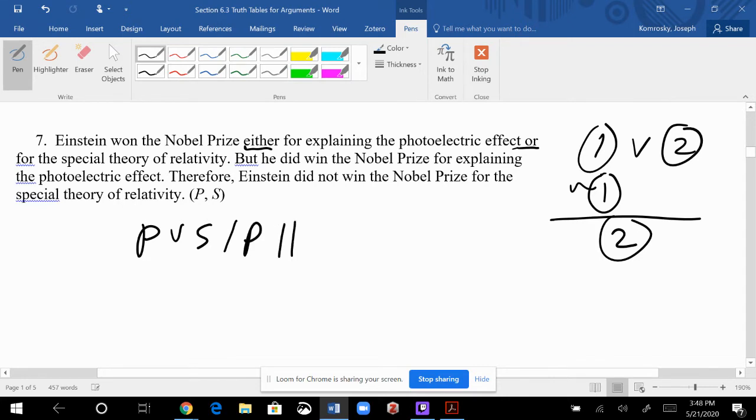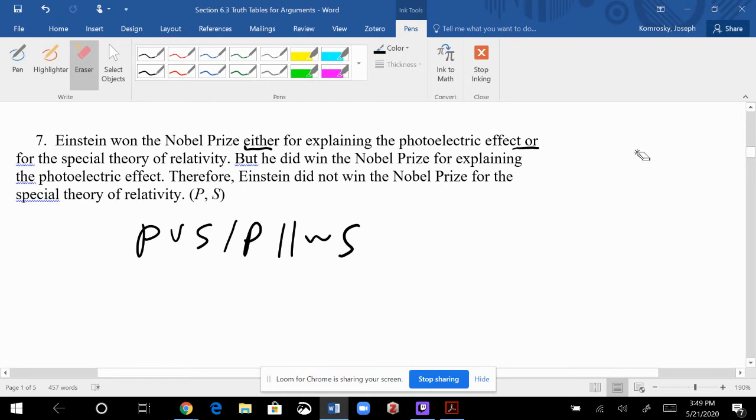And then we have our conclusion, which is not S. So if we were to look over here, and take our choices and look at it vertically, we would know that this is invalid without even doing the truth table.